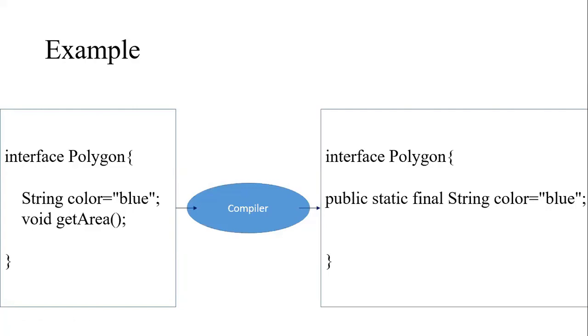Whatever constants you declare in an interface will be final and static by default. The void getArea method internally will be public abstract void getArea, because all the methods of an interface are public only.